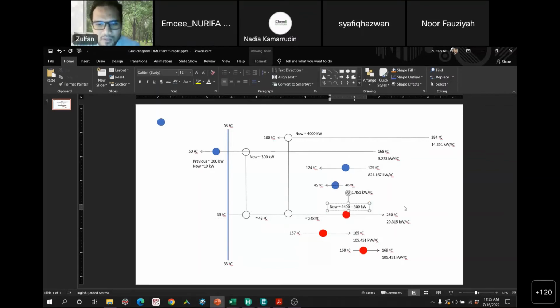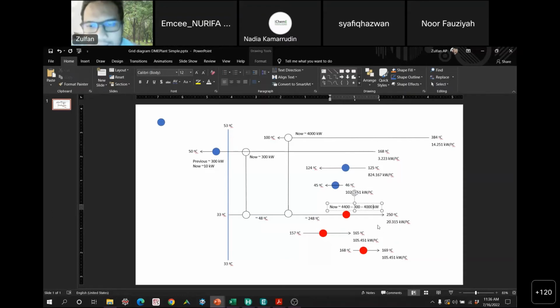So now I put this minus about 4,000, so it's about 100 left, right? If we do more accurate calculations, the 100 kilowatts may be gone, or this goes to 250 degrees C.